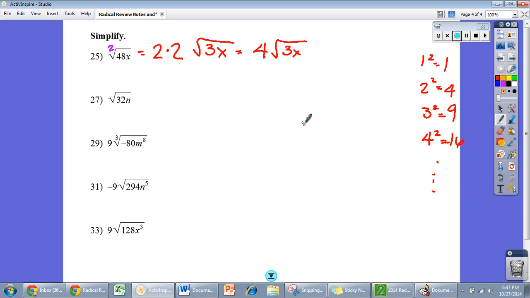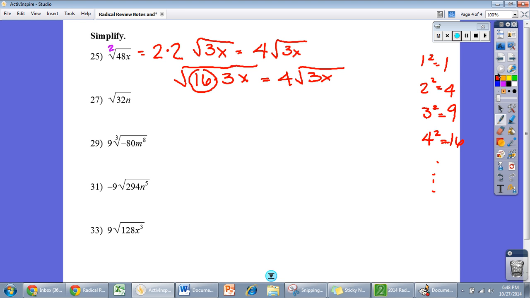I'm looking at my 48, and what comes to mind is we can break this down to 16 times 3. That would give me 48, and 16 is a perfect square. So now when I take the square root of 16, I get 4, and of course the square root of 3x would remain because neither are perfect squares. So that's another method we can use in order to simplify our radicals.